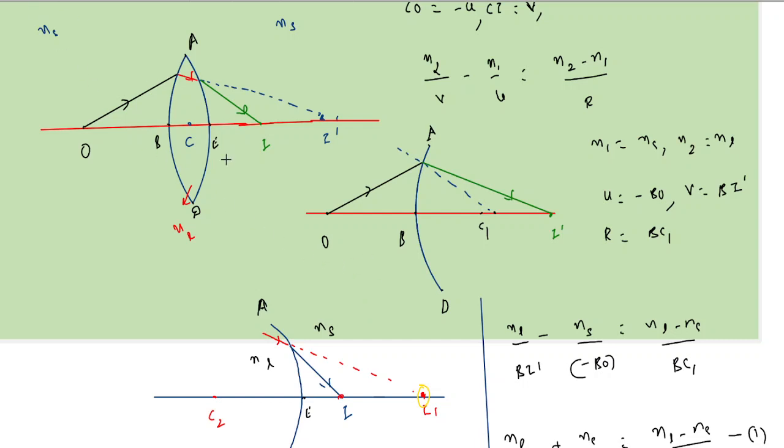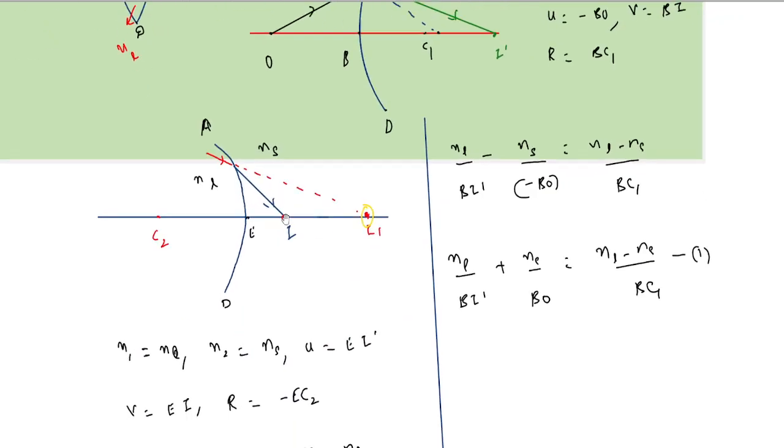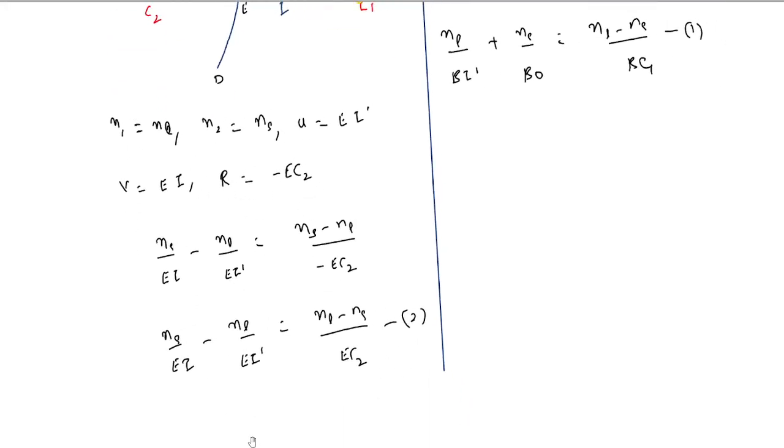It is not obvious here, but for very thin lens, the points B and E will be close to point C. So in equations 1 and 2, replace points B and E with point C, because as seen here, C is our reference point. So for thin lens, we replace points B and E with point C.